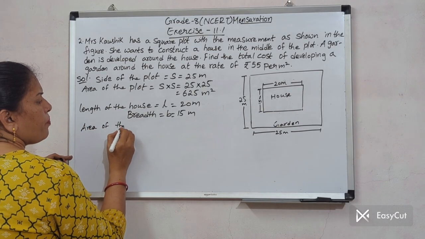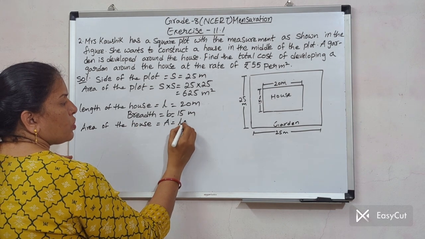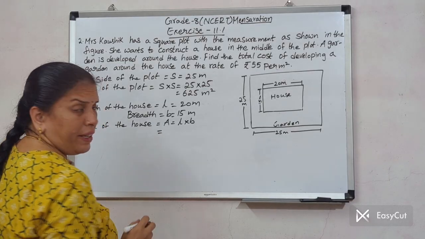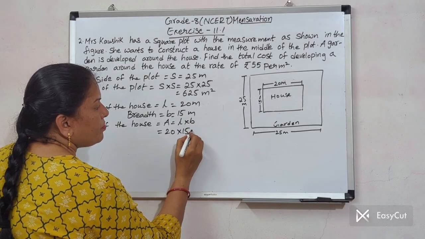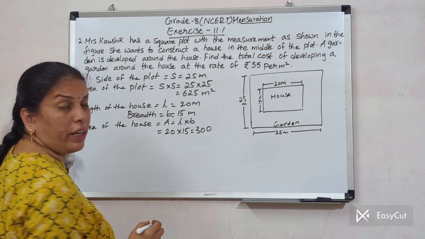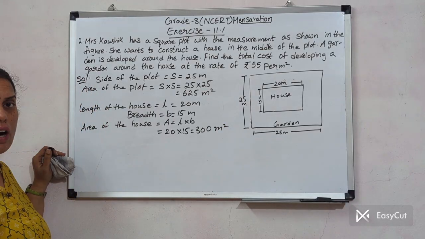Area of the house A is equal to L into B is equal to 20 into 15, which is 300 square meters. This is the area of the house.